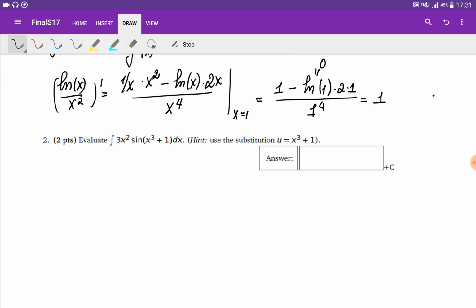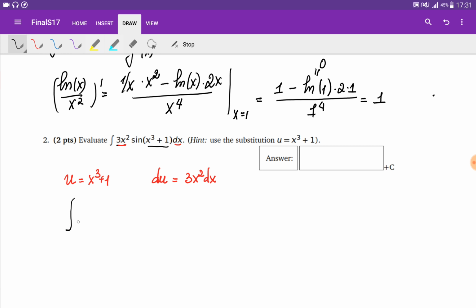So the second problem, we need to integrate this function, and I remember the rule that if I see a function and its derivative inside the integration, I can use the substitution. We're going to use the substitution u equal to x cubed plus 1. So the differential of u is going to be equal to 3x squared dx. I have substituted 3x squared dx with du, and sine of x cubed plus 1 is sine of u.